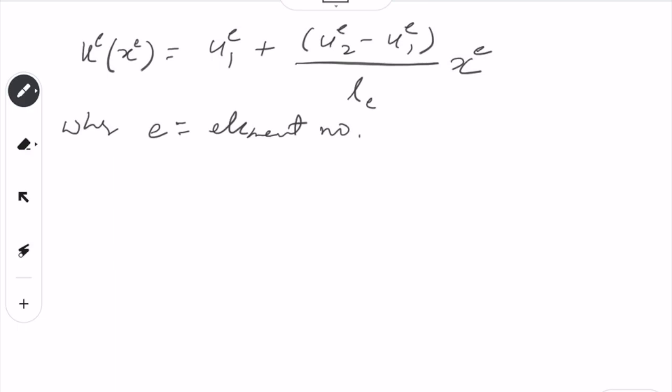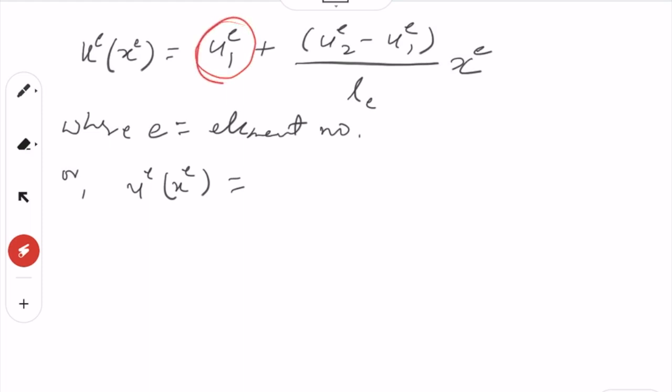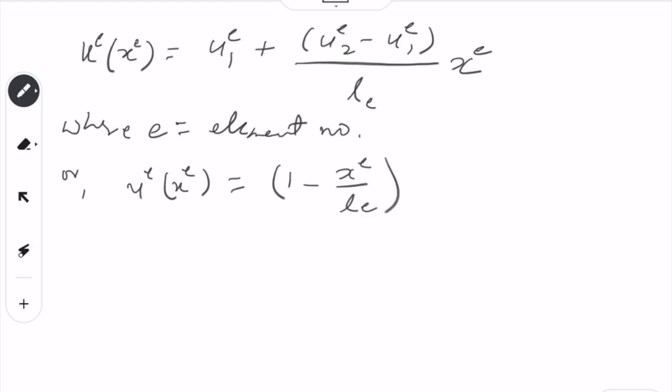In general we can extend it like this, or we can write u e (x e) such that u e1 are together: 1 minus x e over L e multiplied by u1 e plus x e over L e multiplied by u2 e.